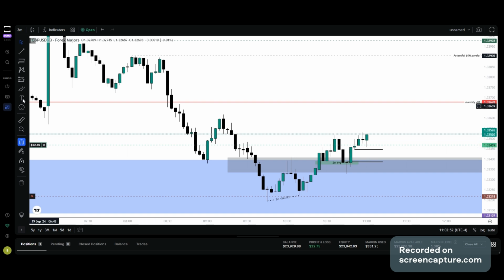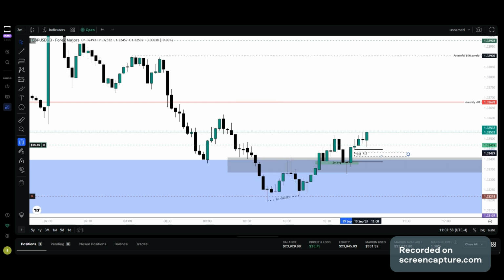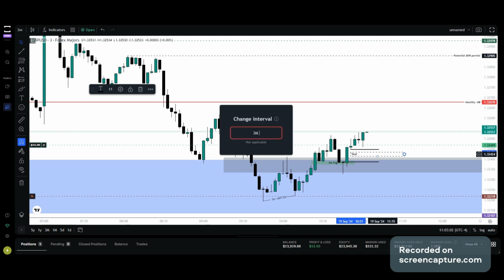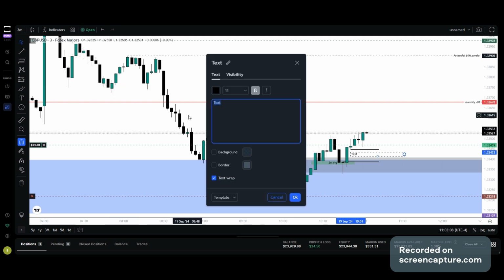So I think it's safe to say I could go ahead and annotate this here. This area, a 3-minute breakaway gap. Whoops. We'll just put a BA gap.